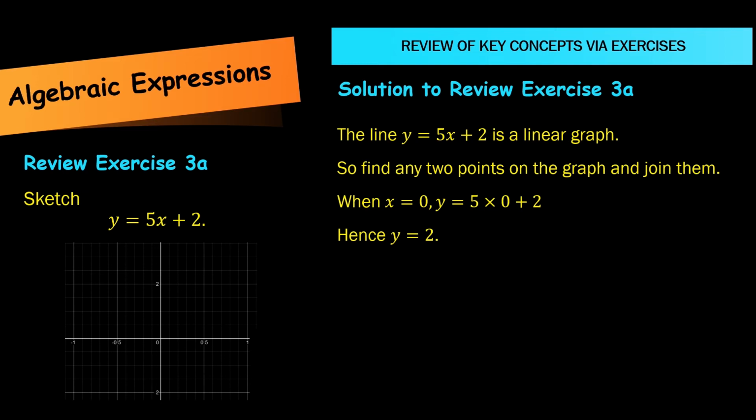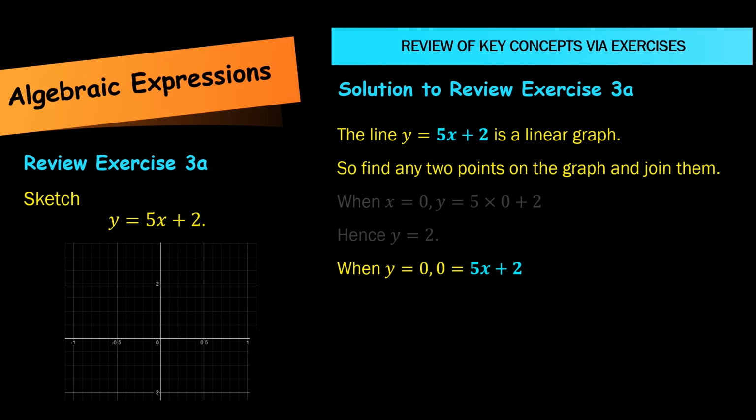And when y is 0, let's plug in our values and rearrange. And finally, dividing by 5 gives us x equals minus 2 over 5.